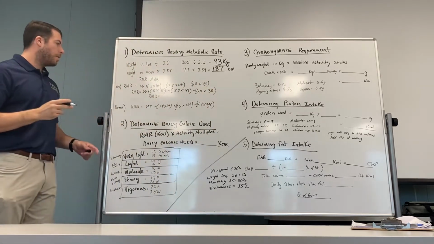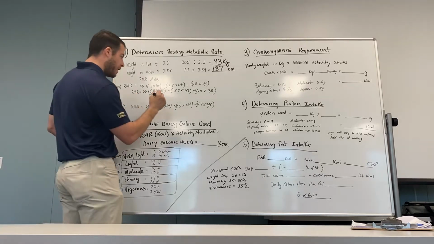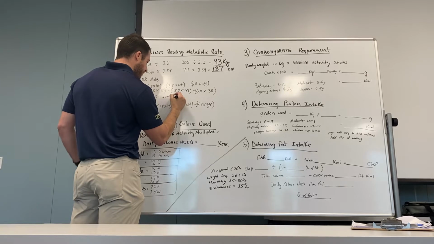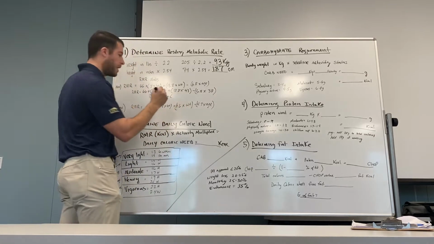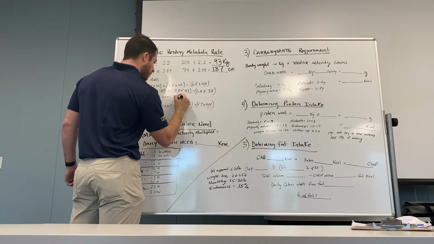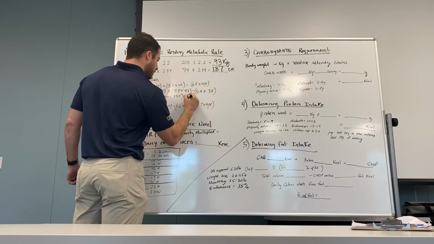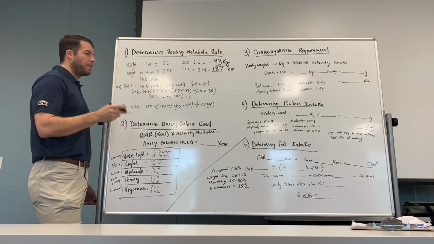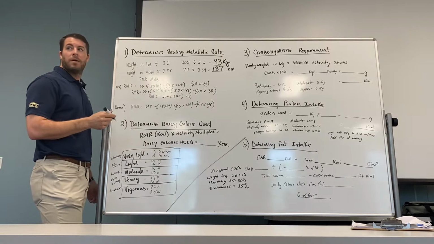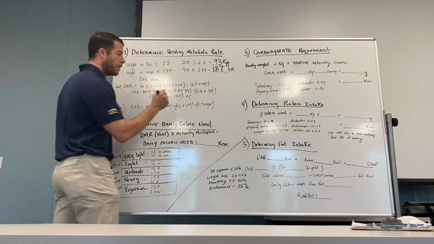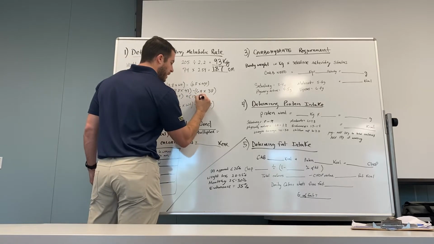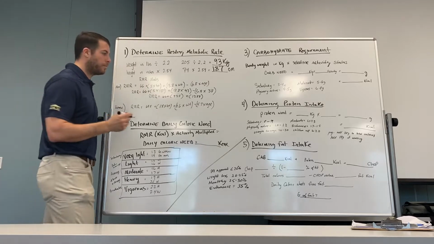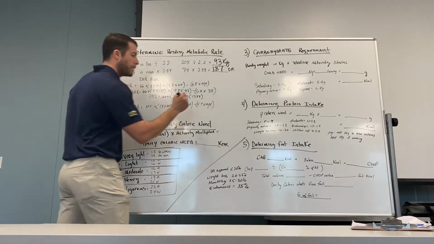So let's go 5 times 187, that's 935. Plus 13.8 times 93, that's 1,288. And then 6.8 times 38 is 258.